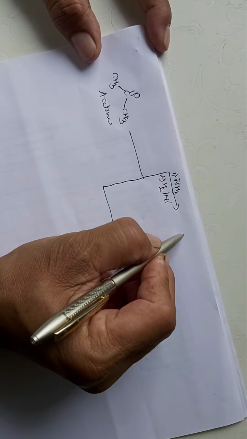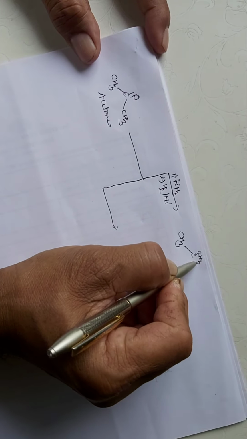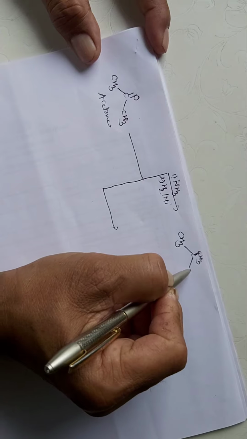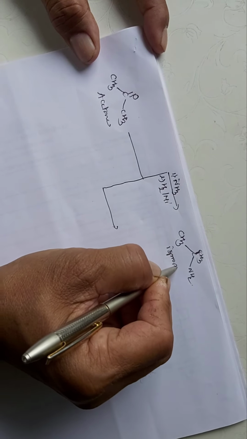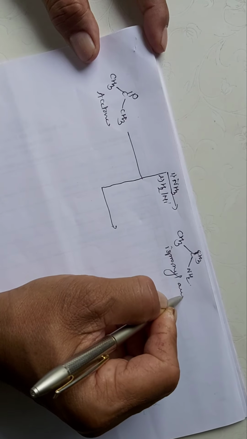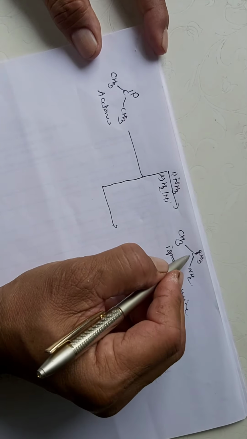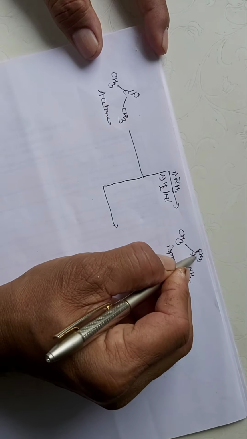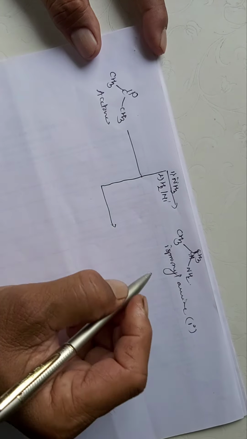You get the formation of CH3CH(CH3)NH2, that is your isopropylamine. So here it is your primary amine.